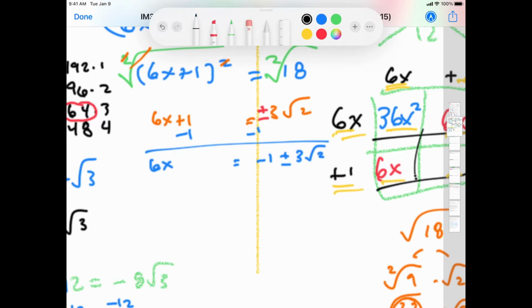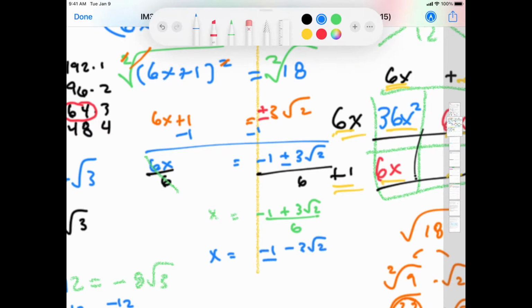And the last thing is divided by 6. So those are my two answers. Negative 1 plus 3 radical 2 over 6. And this one is negative 1 minus 3 radical 2 over 6.